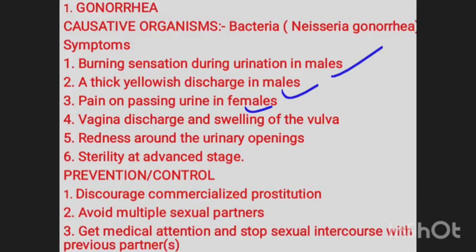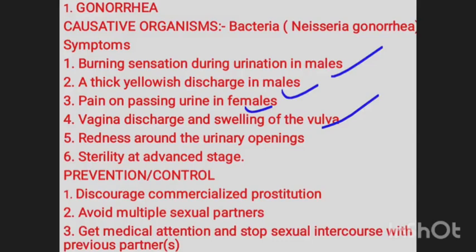So one with gonorrhea infection will experience pain when urinating. Number four, vaginal discharge and swelling of the vulva. So there'll be vaginal discharge, some liquid coming out from the vagina, and the vulva, which is the external part of the female reproductive system, will start to swell.